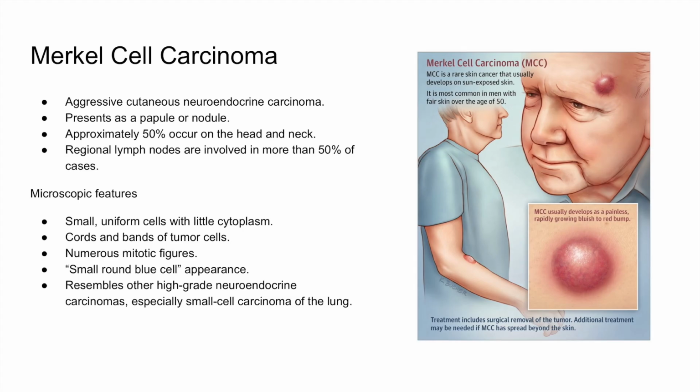Microscopically, it is a small, round blue cell tumor with scant cytoplasm, numerous mitoses, and neuroendocrine differentiation. Many cases are associated with Merkel cell polyomavirus, and a useful pathology clue is dot-like perinuclear CK20 staining, usually with negative TTF1, which helps distinguish it from metastatic small cell carcinoma of the lung.